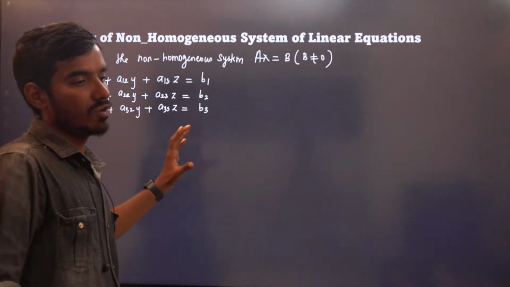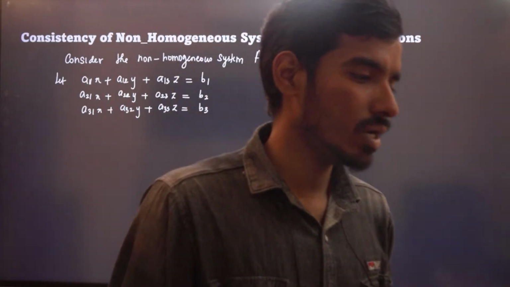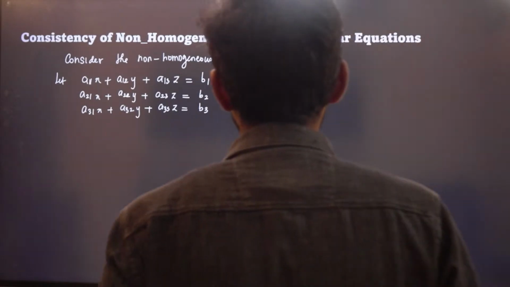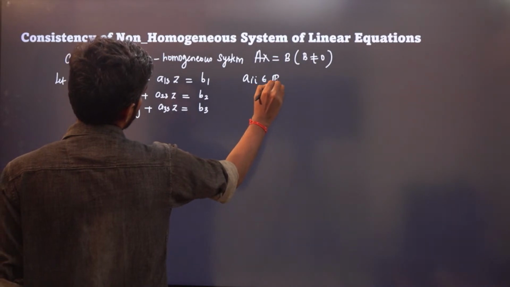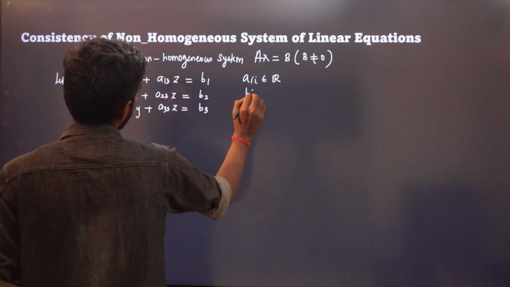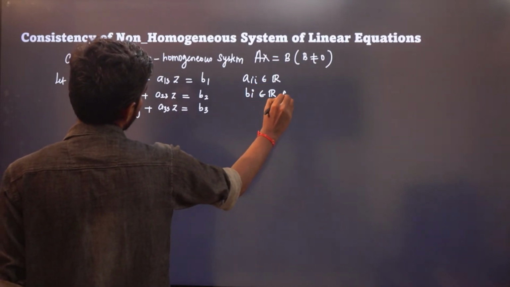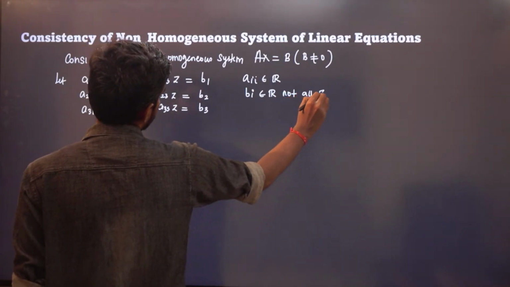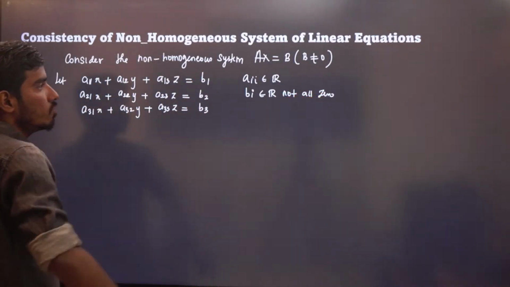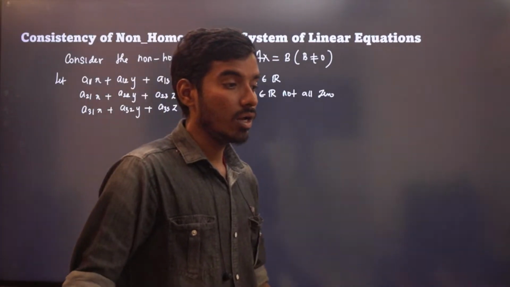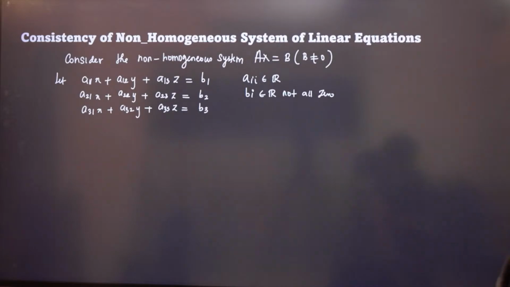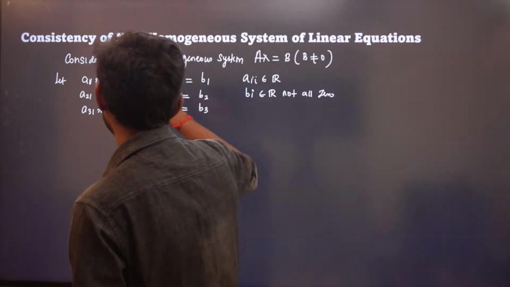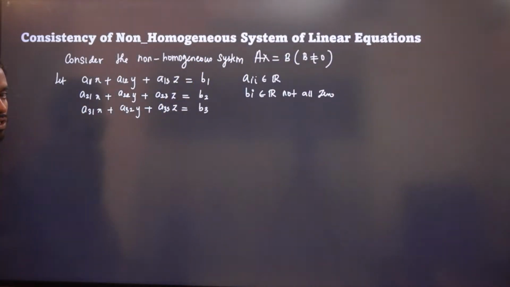See, we have a system of equations in three variables, right? These a11, a12, a13 are coefficients. These aij are real numbers and bi belongs to real numbers, not all zero. Because your b1, b2, b3 is your output vector, all not zero. That means it has to be non-zero. If it is non-zero only, we will have a non-homogeneous system. Non-homogeneous means your output vector is a non-zero vector.